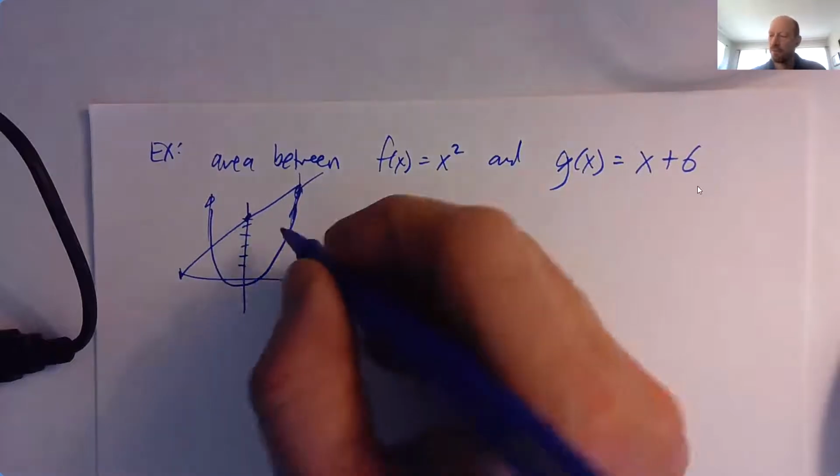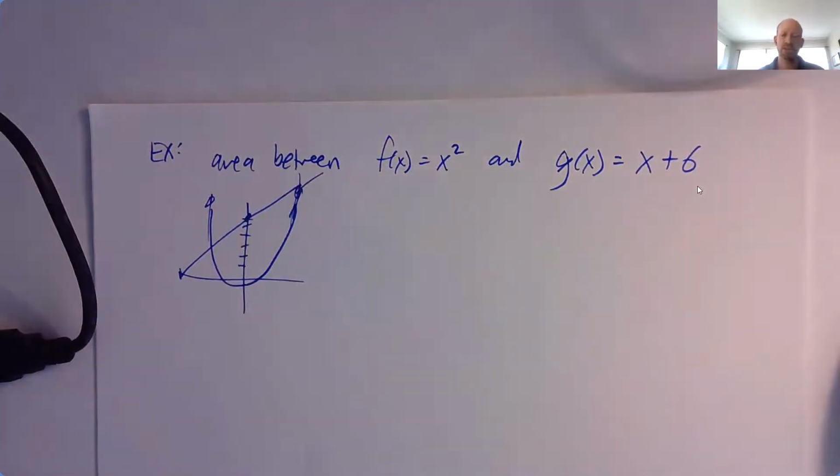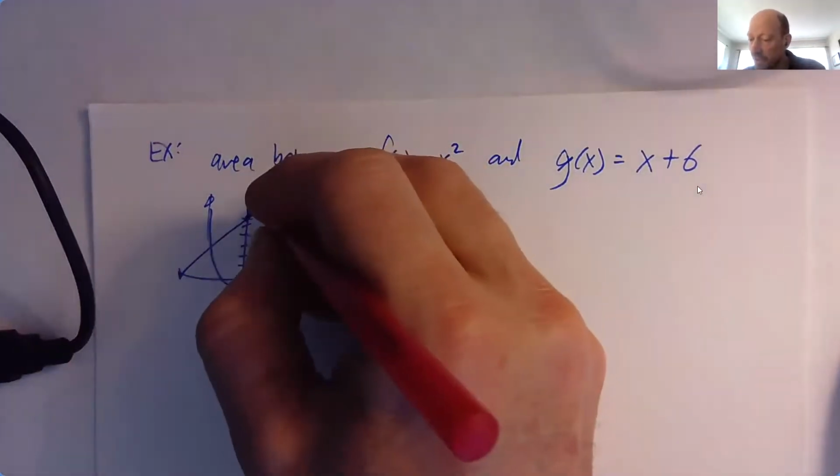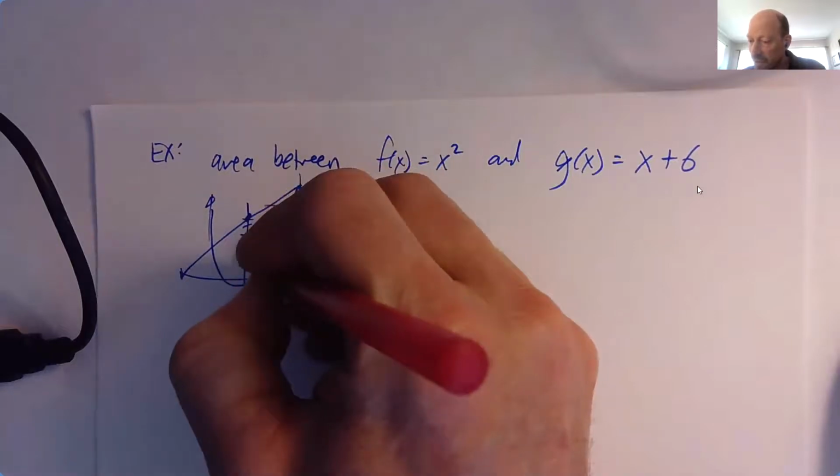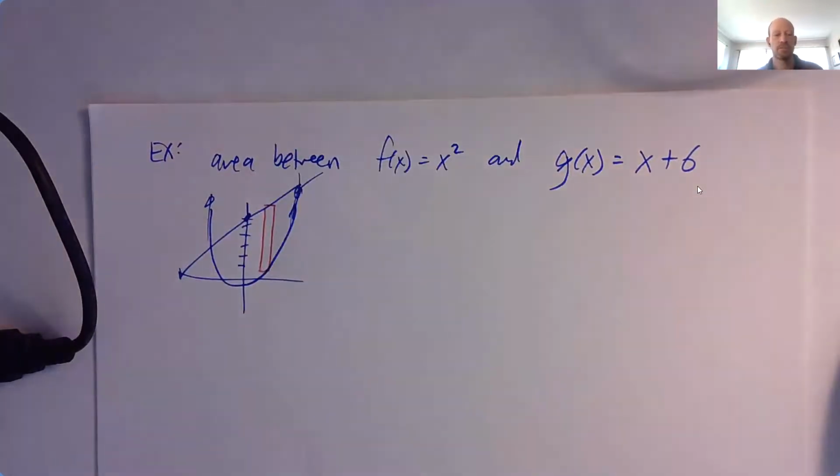So, just like before, it's nice to draw what we think of as a representative slice, like one of those little sections that I'm going to add up. And that representative slice can sometimes help me set the problem up properly.